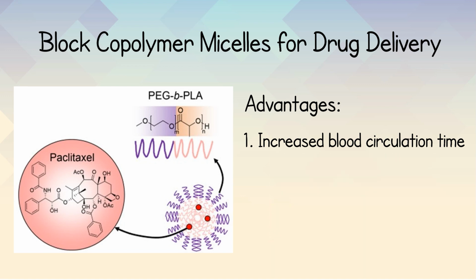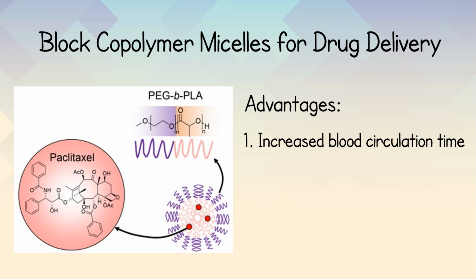Moreover, the surface of a block copolymer micelle can be modified to enable it to bind to particular receptors overexpressed by tumor cells. For example, the block copolymer micelle PEG-PLA has shown to have potential as a drug delivery system for paclitaxel upon the addition of folate to its surface. The organic molecule folate has the ability to act as a cancer-targeting ligand, as folate receptors are frequently overexpressed by tumor cells.